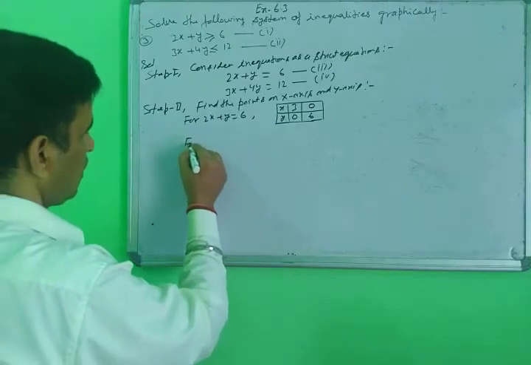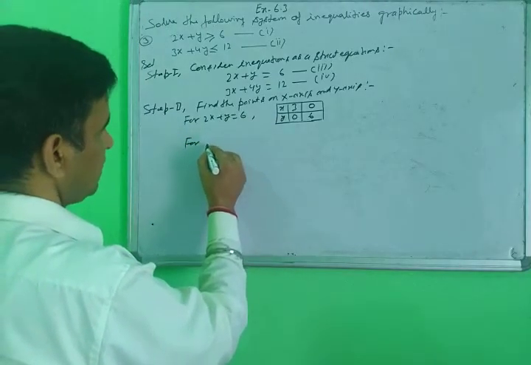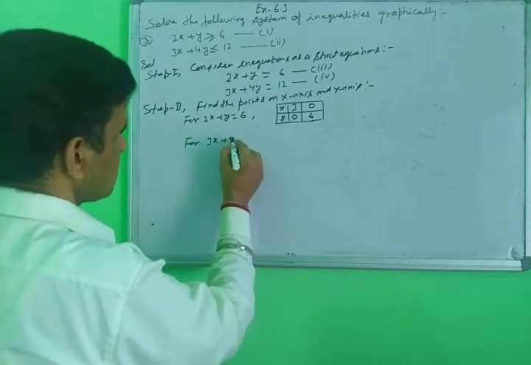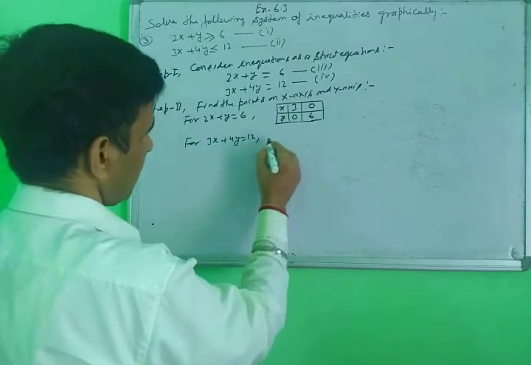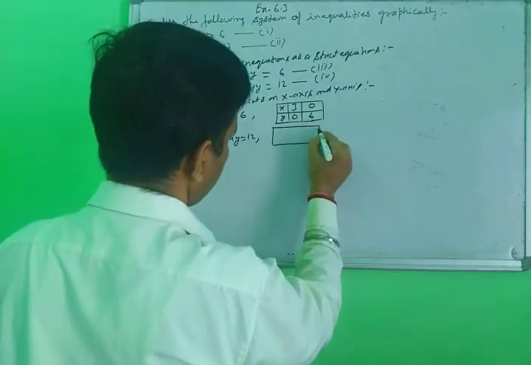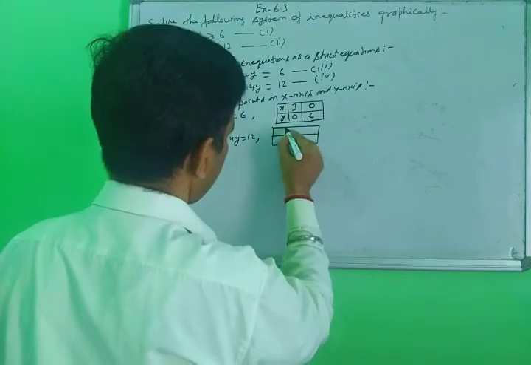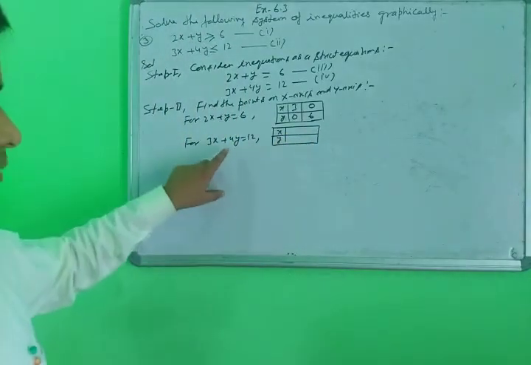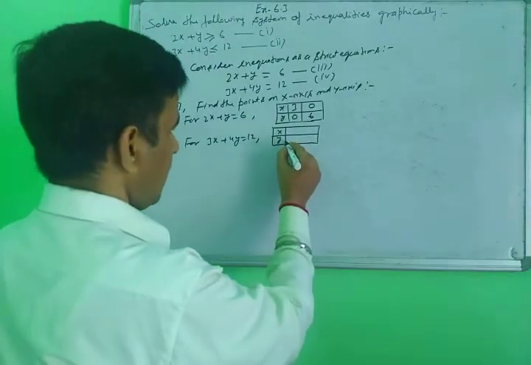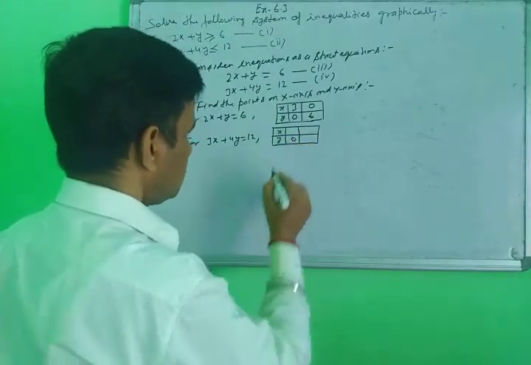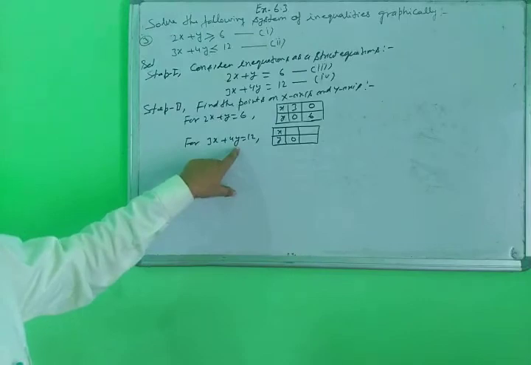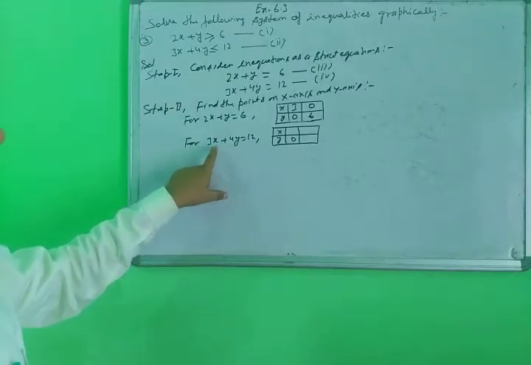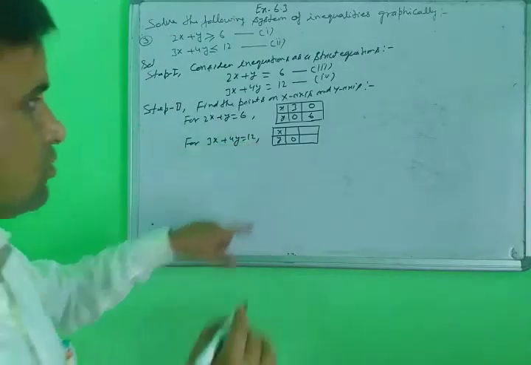For the line 3x plus 4y equal to 12, suppose you are putting y equal to 0. Then 3x equal to 12, so x equal to 4.